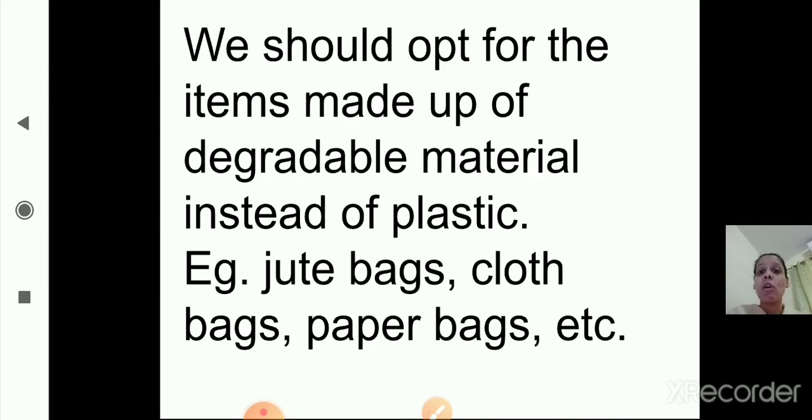As plastic is non-degradable and it is an environment pollutant, we should use other things which are made up of degradable materials.